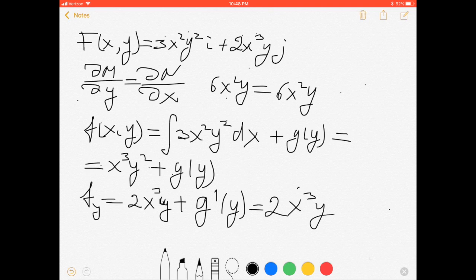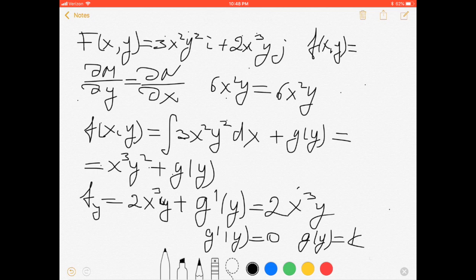Solving this equation, we have g prime of y equal to 0. This means this part is equal to some constant k. And our function f(x,y) will be x cubed multiplied by y squared plus k. This is our answer.